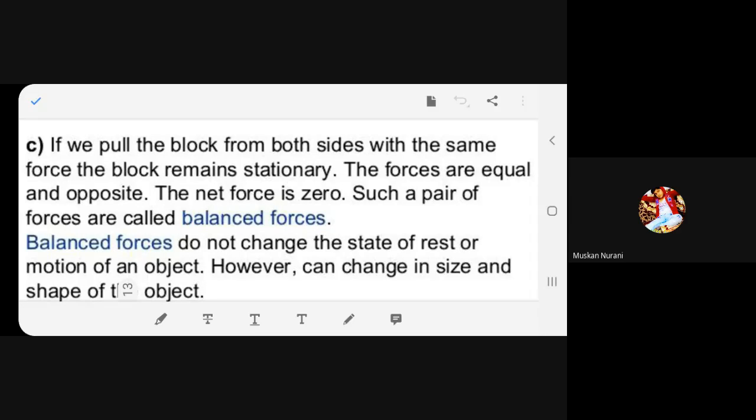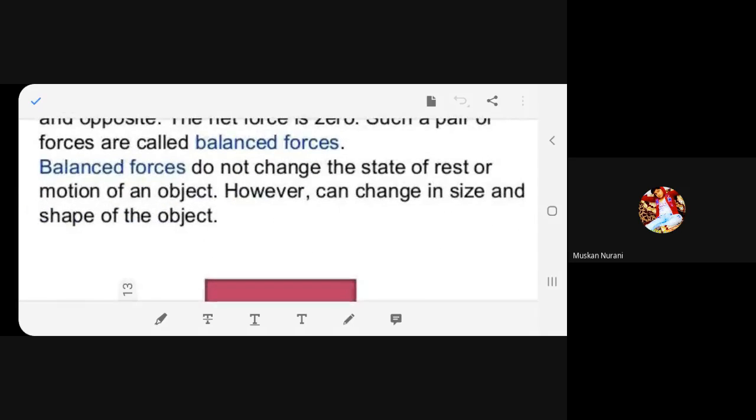No, it will not move because you both are applying the same force. It will remain as such. And if you try to pull the object from both the sides with the same force, do you think the body will move? No, ma'am. So either push or pull will not work over here, and this type of force is called balanced force. Let's read.